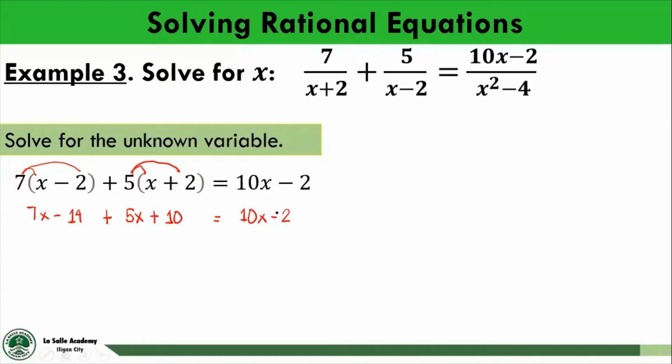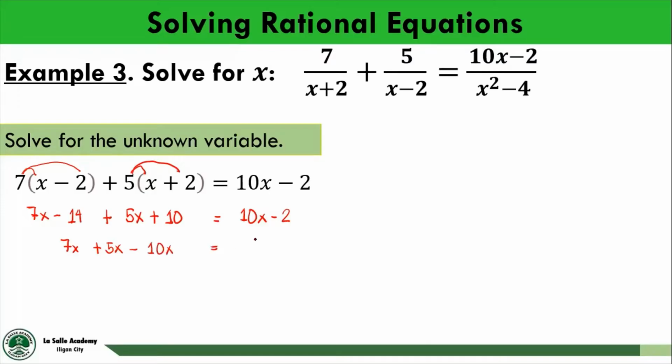Now we can combine like terms. I'll write the terms which have the variable x on the left side. So we have 7x plus 5x, and then transpose positive 10x to the left side, so it becomes negative 10x.